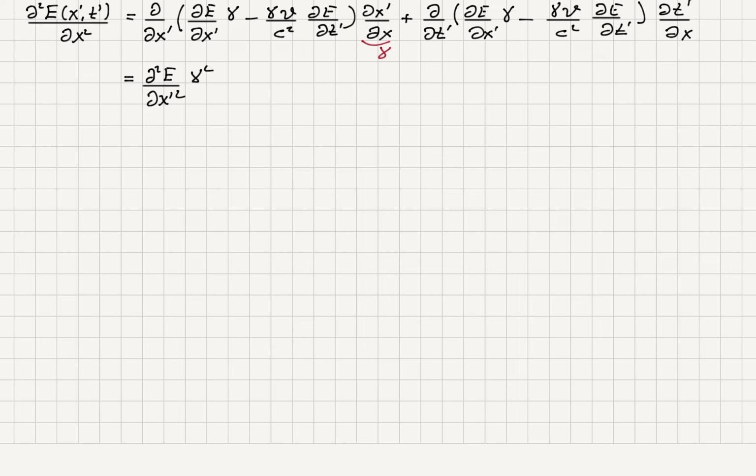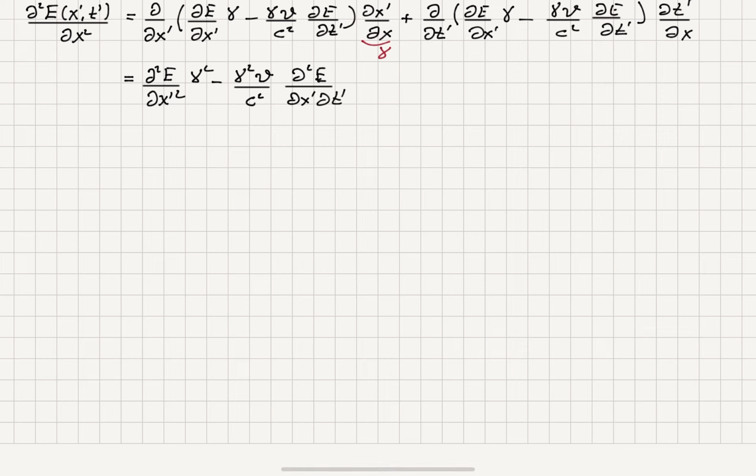The second term will be minus gamma squared v over c squared times del squared E. So I'm taking the x prime derivative of del E del t prime, so it's del x prime del t prime.